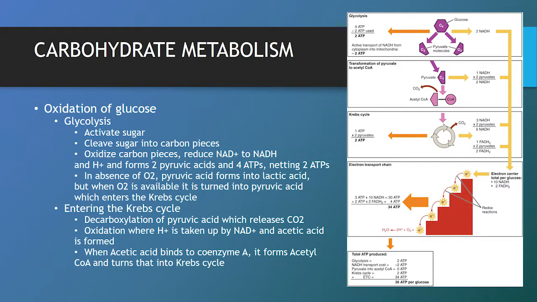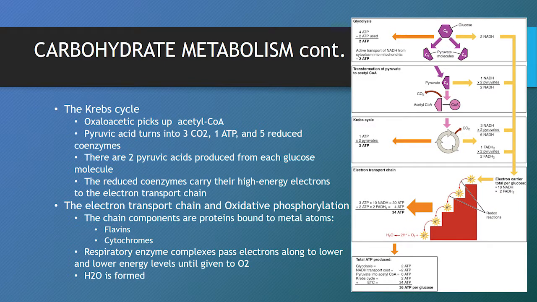Then when acetic acid binds to coenzyme A, it forms acetyl-CoA and then enters the Krebs cycle. Then in the Krebs cycle, it forms 3 carbon dioxides, 1 ATP, and 5 reduced coenzymes. There are 2 pyruvic acids produced from each glucose molecule.